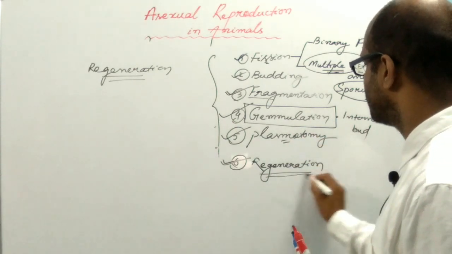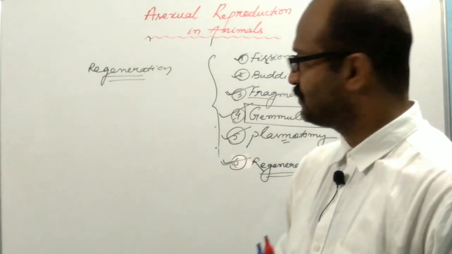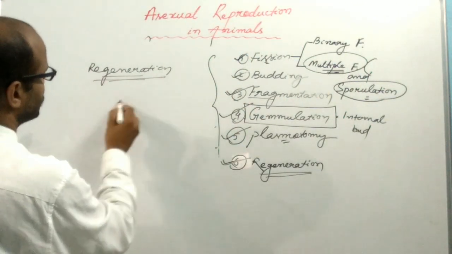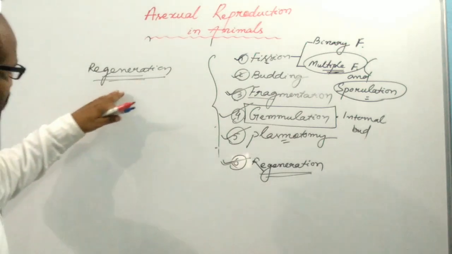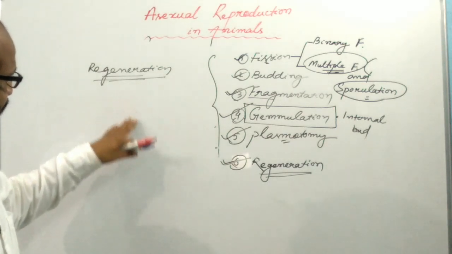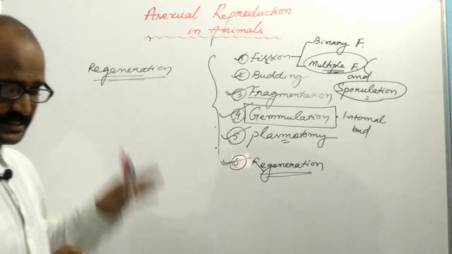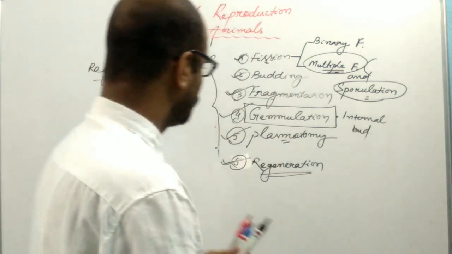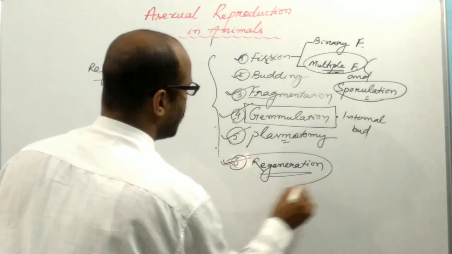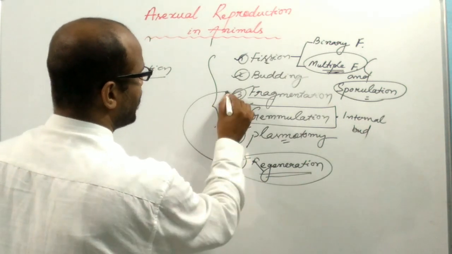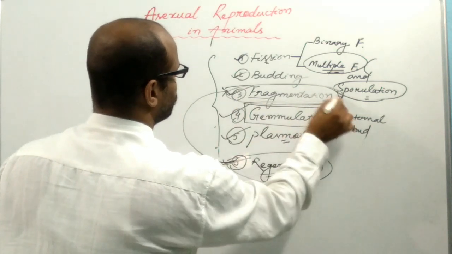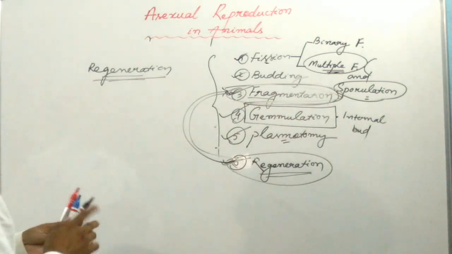This is known as regeneration. Such regeneration is found in protozoans, coelenterates, sponges, echinoderms, and flatworms. So regeneration and fragmentation are very similar processes.